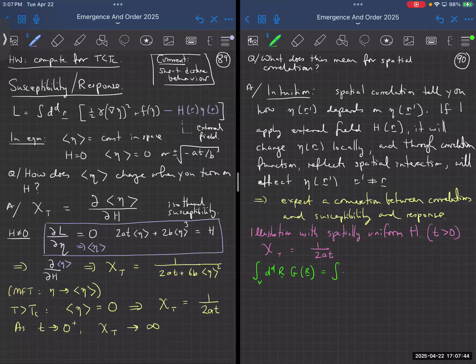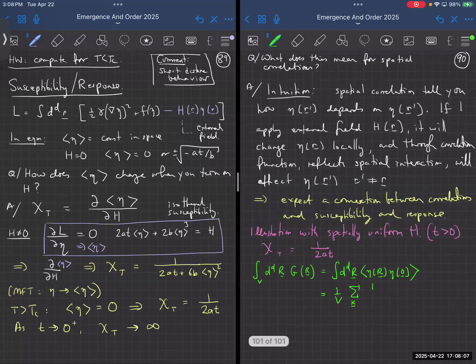Well, this is then the integral over space of eta at r, eta at some arbitrary point, let's call it the origin, like so. And then this is then 1 over V, the sum over k, k_B T over 2AT plus gamma k squared, times the integral d^d r of e to the i k dot r.